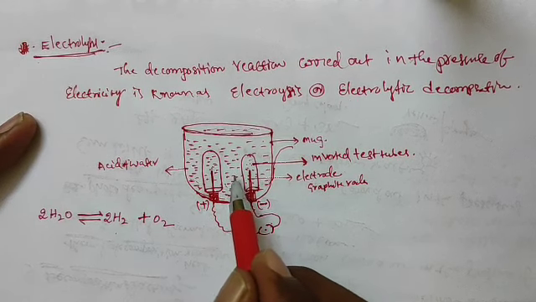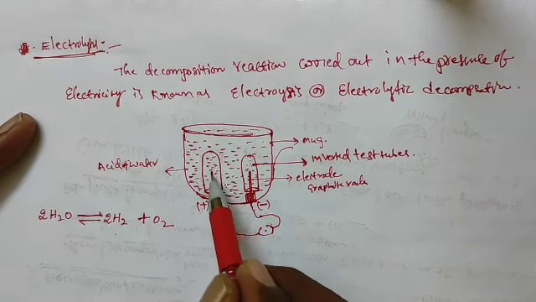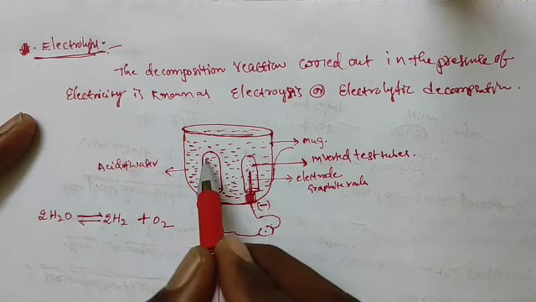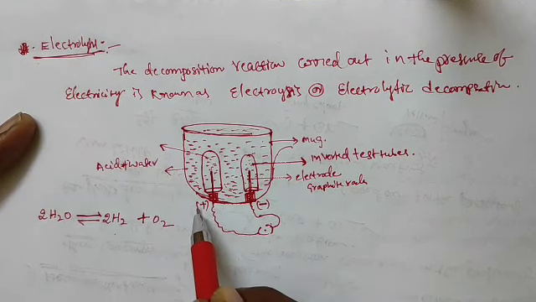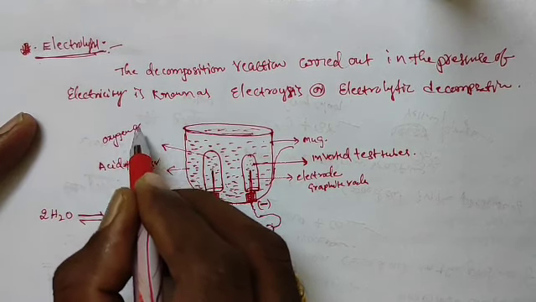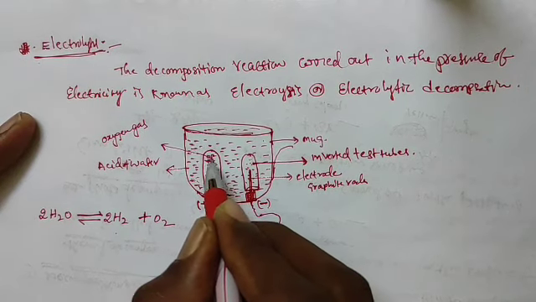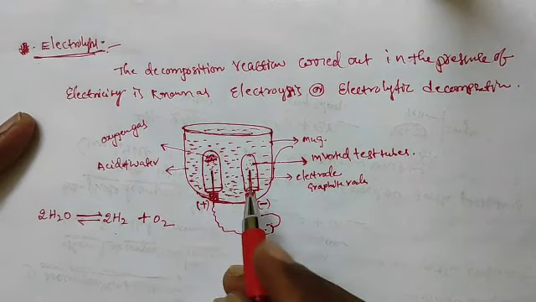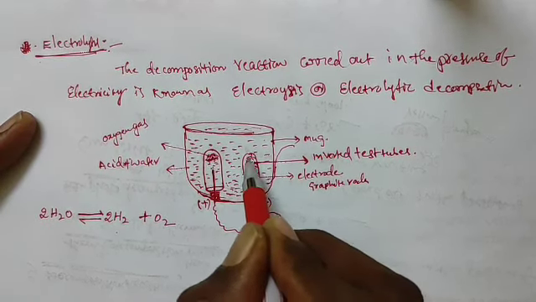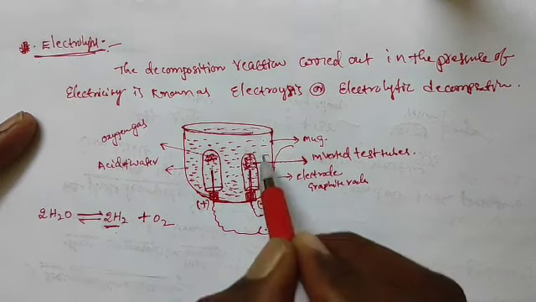So in this, water electrolysis happens. On one side oxygen gas, on the other side hydrogen gas will come. This side is the positive terminal, oxygen gas will come in this test tube. Hydrogen gas is more here, because it is 2 moles.